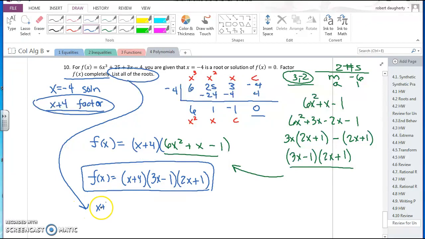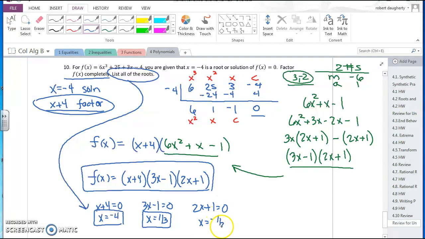If x plus 4 equals 0, then x equals -4. If 3x minus 1 equals 0, then x equals 1/3. If 2x plus 1 equals 0, then x equals -1/2. Okay? Those are the three roots or solutions to the polynomial.